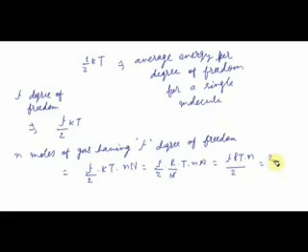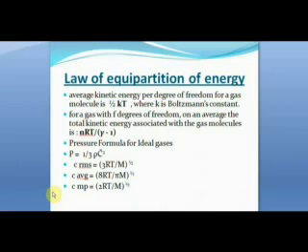Now we have already seen that f is nothing but 2 by gamma minus 1. So replacing f with 2 by gamma minus 1, we are left with nRT by 2. After cancelling out 2, we get nRT by gamma minus 1. So this is the kinetic energy of n moles of gas having f degrees of freedom.